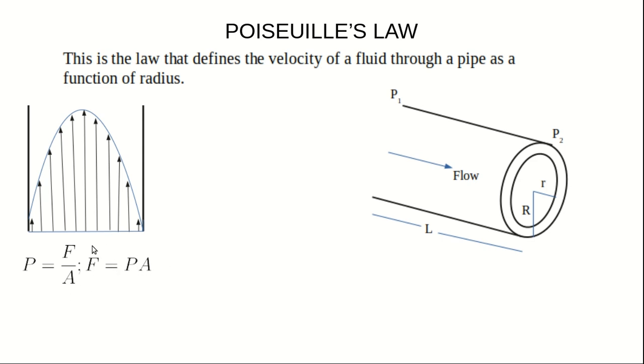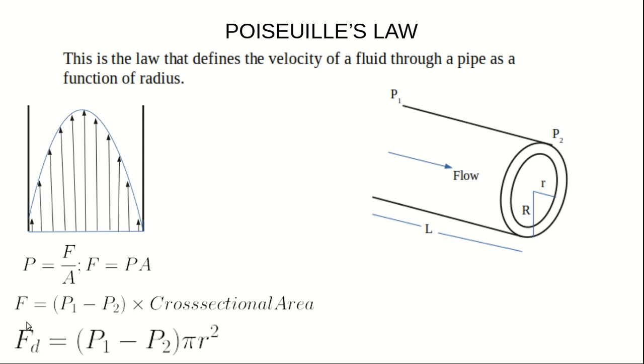This force is what we want to study for now, and we can see that this P is a result of the difference between these two pressures. Then A is the cross-sectional area of this particular pipe, and that gives us F equals P1 minus P2, the difference between the pressures, times the cross-sectional area of this pipe, and that gives us F_D. F_D is the drive force, the force that drives the fluid in this direction.